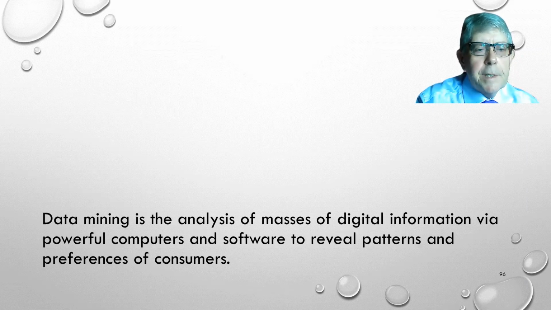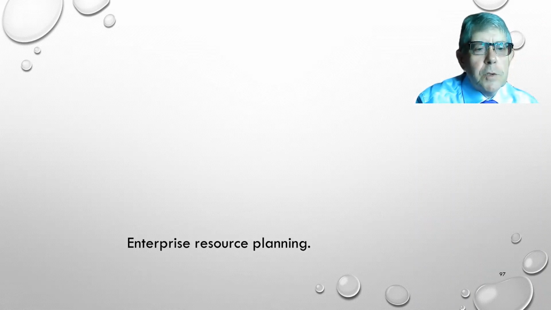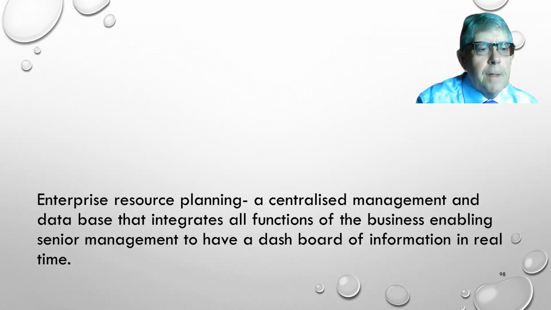Data mining is the analysis of masses of digital information via powerful computers and software to reveal patterns and preferences of consumers. Enterprise resource planning. Enterprise resource planning is a centralized management and database that integrates all functions of the business, enabling senior management to have a dashboard of information in real time.